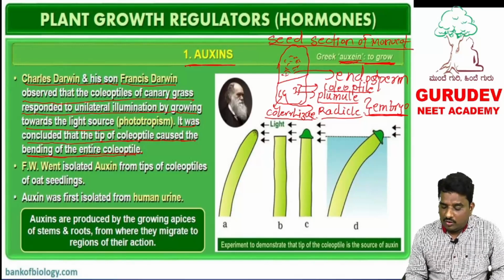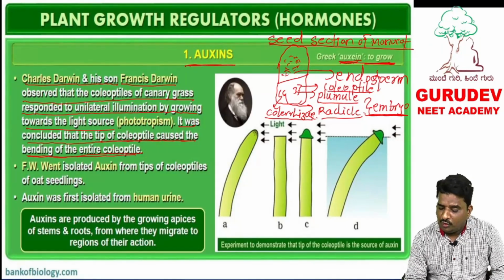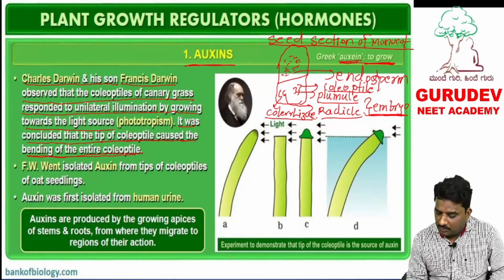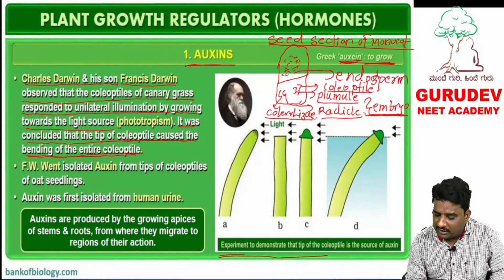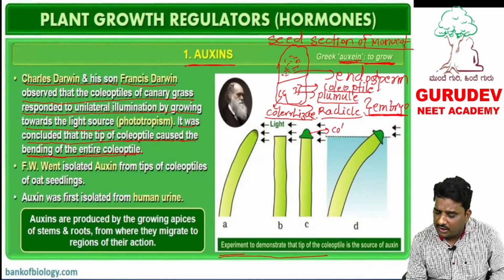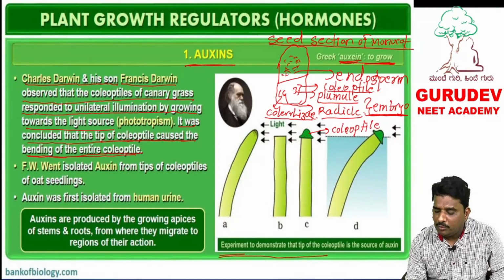Now Darwin, remember, from the plumule the shoot is formed, and this is an experiment on the shoot. Above the plumule there is a coleoptile. That means at the tip of the shoot there is a coleoptile. Remember, on the plumule in the monocot seed, the coleoptile is present.